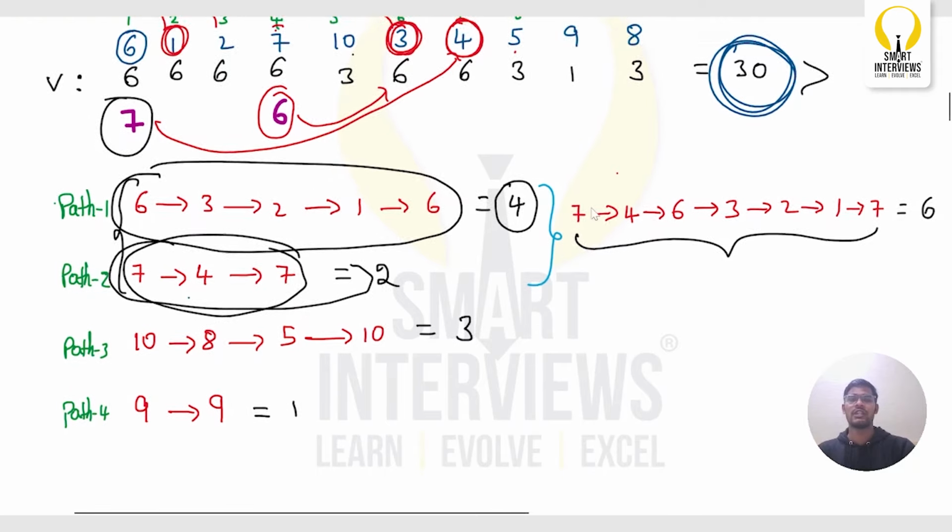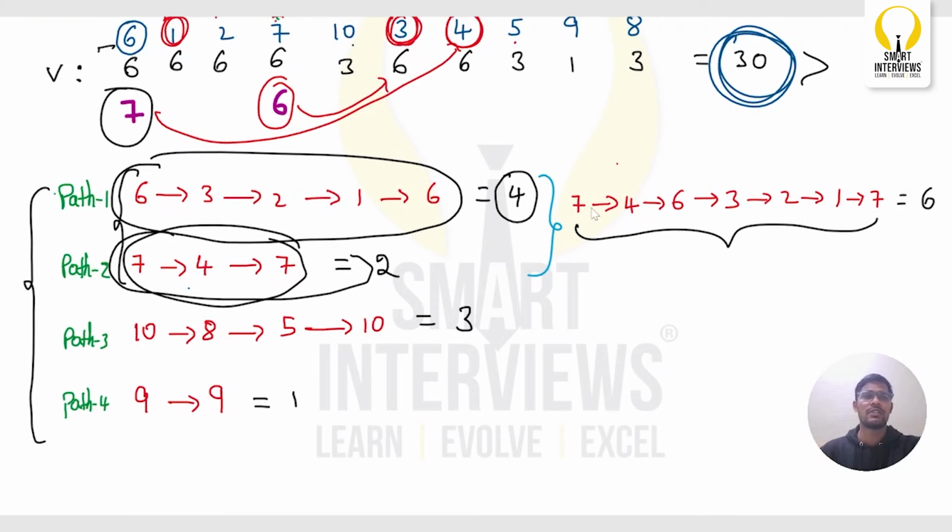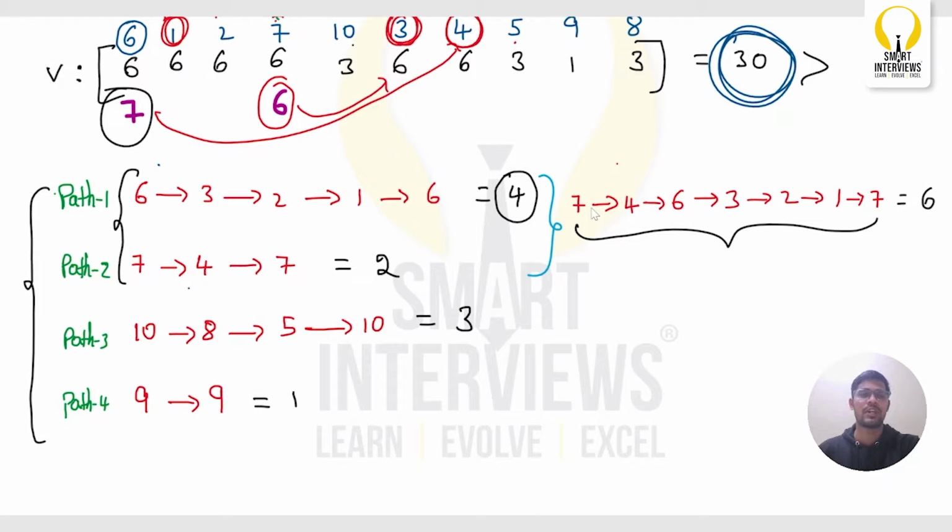So we understood one thing, that if we can merge all these paths into one path, you'll get the maximum possible value of v in all the elements. Nothing but the length of the array. So the thing is, how will you merge these paths?